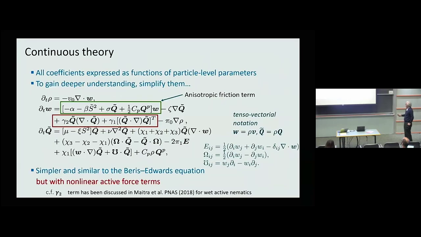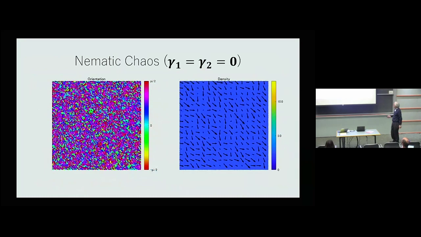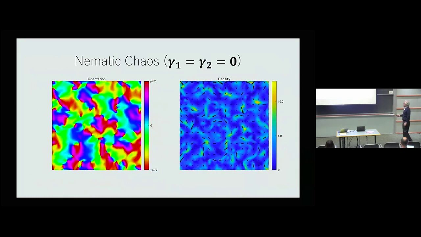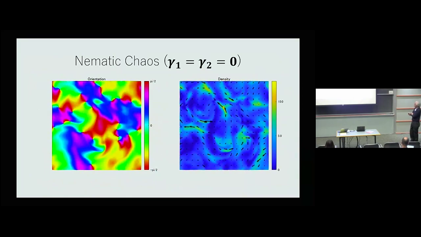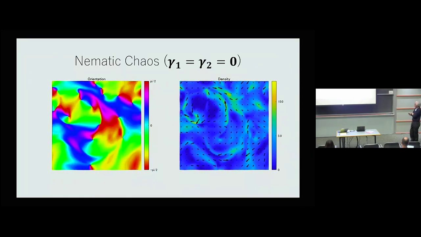By the way, one of these terms was introduced by Maitra, Marchetti, and Ramaswamy in 2018 for wet active nematics. They discussed that it will stabilize the bending deformation in extensile systems in 2D. This is just an example of how this PDE shows nematic chaos.